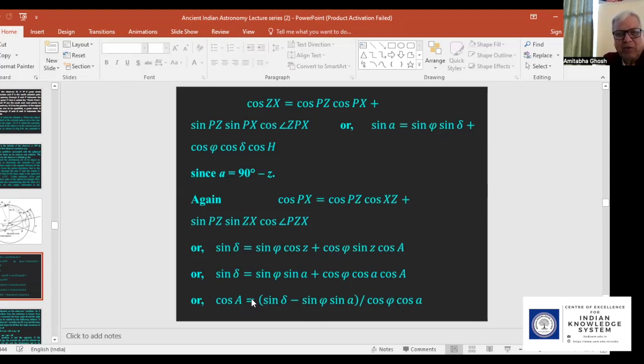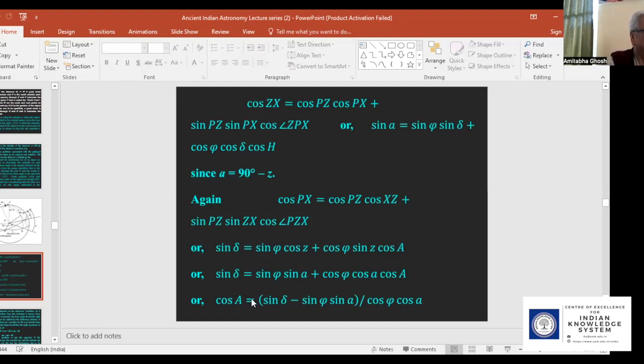That is used when you want to set up your telescope to observe a particular star whose right ascension and declination are known. Then you would like to see what will be its position in the horizontal system. Then you do the reverse transformation. The reverse transformation is also quite straightforward.